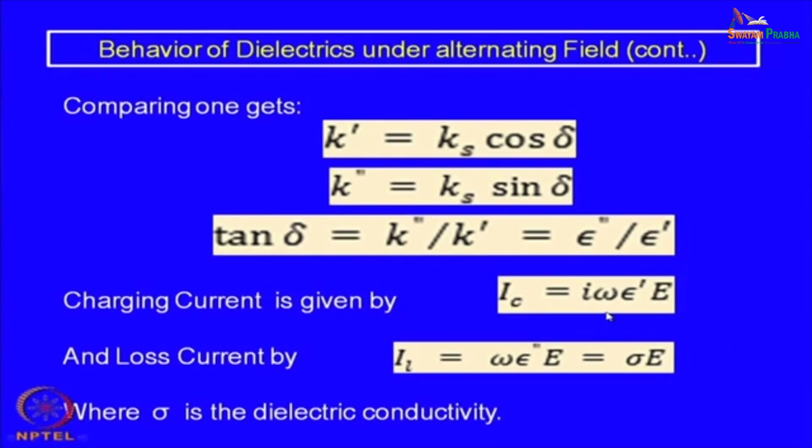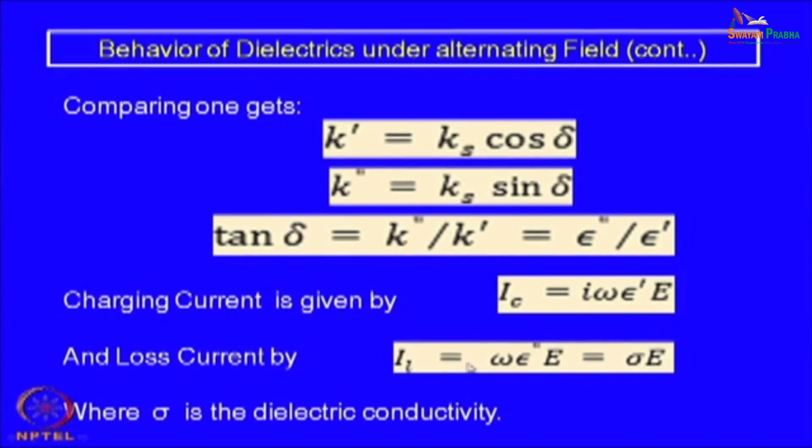So, Ic is equal to iωε'E, where E is the applied field, whereas the loss current, which is in phase with the applied field, equals ωε''E, which can also be written as σE.